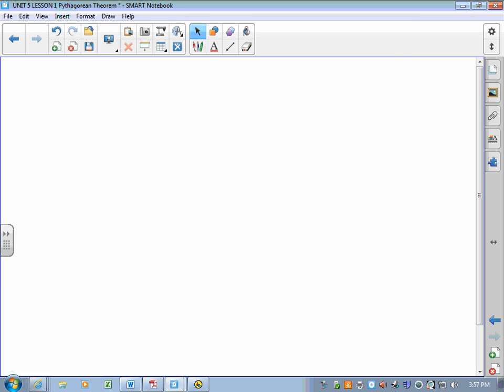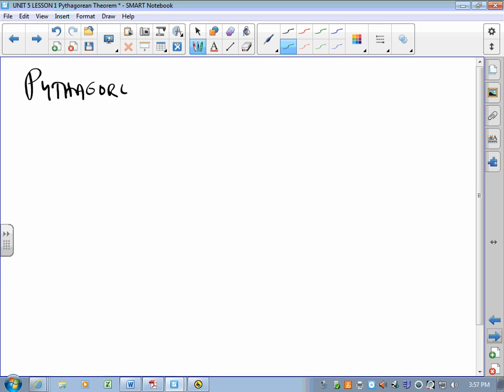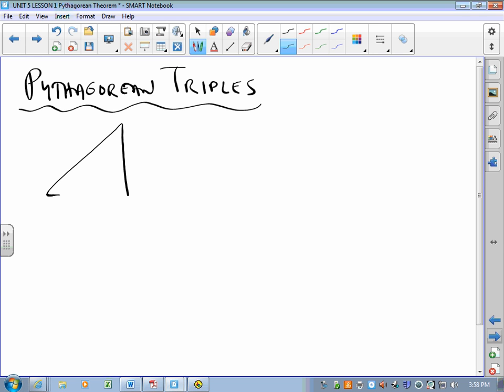Side note, there are of particular interest to us in the mathy world Pythagorean triples. There are certain right triangles that folks like me love to use all the time. One we've already seen, and that is the 3, 4, 5 right triangle. 3, 4, 5 works because 3 squared plus 4 squared is 5 squared.